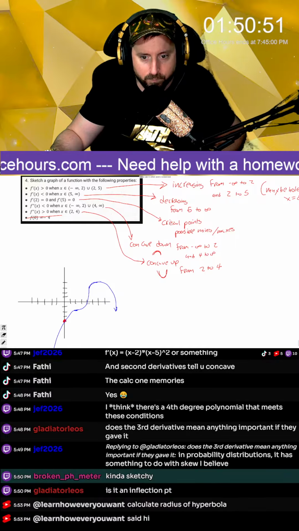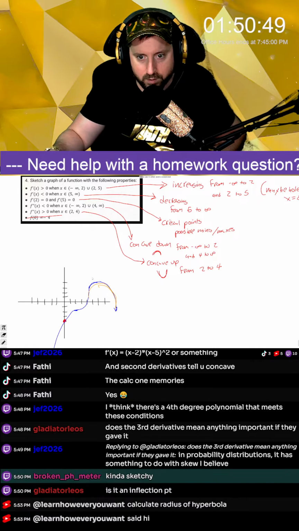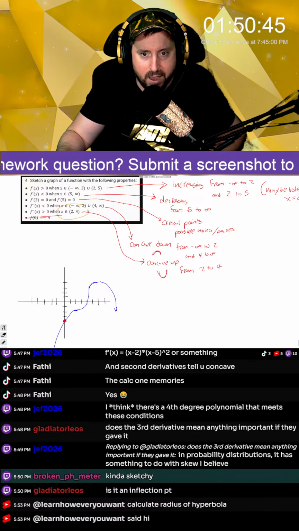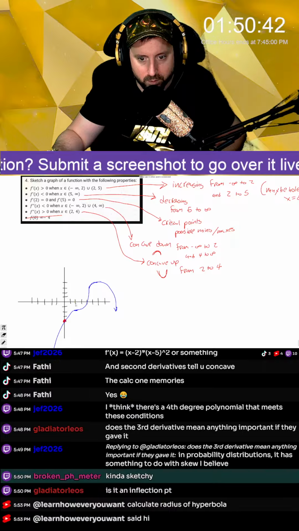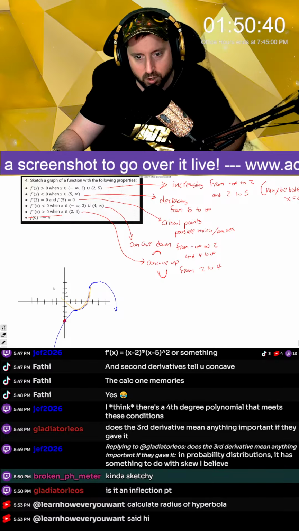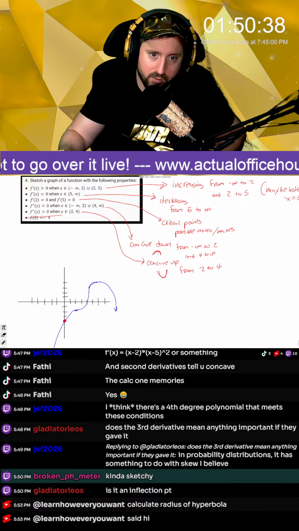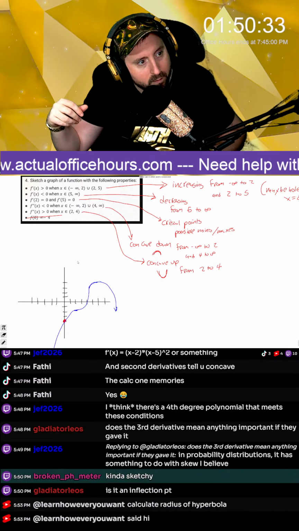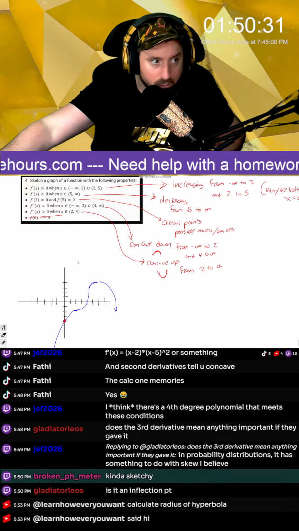And then also from 4 to infinity, it's also sad. And then it's happy, concave up, between 2 and 4, which is just this part of the concave up. And then, yeah, here's the last thing. We need it to at least go through that point. Exactly. Okay, cool.